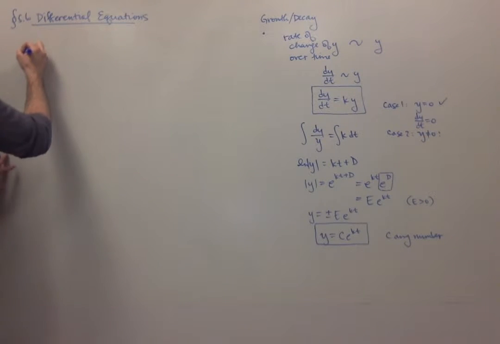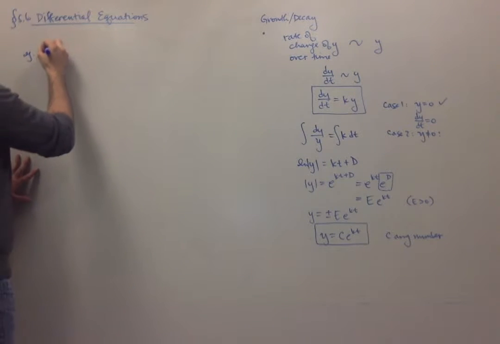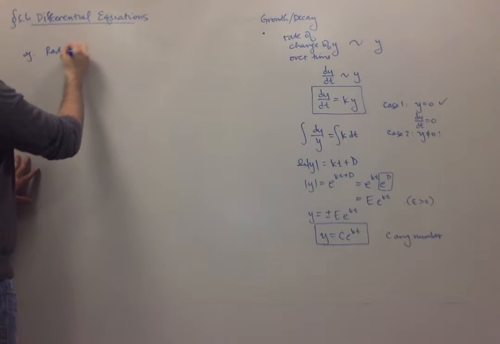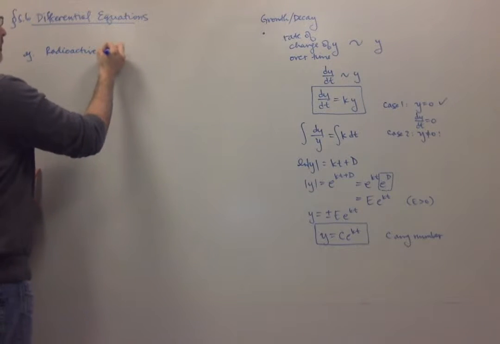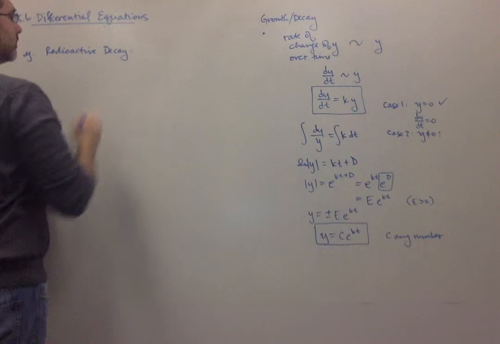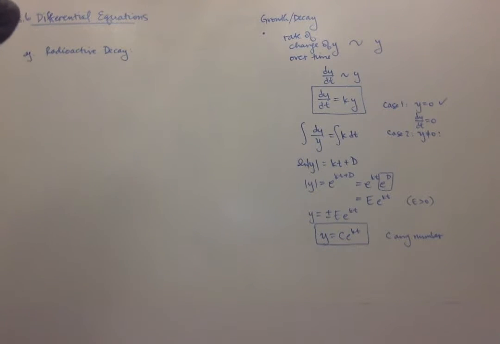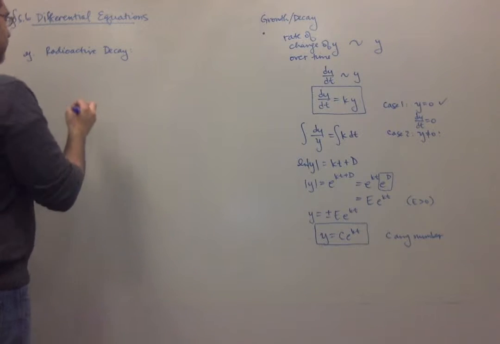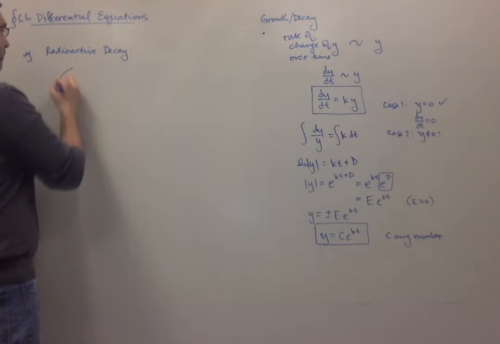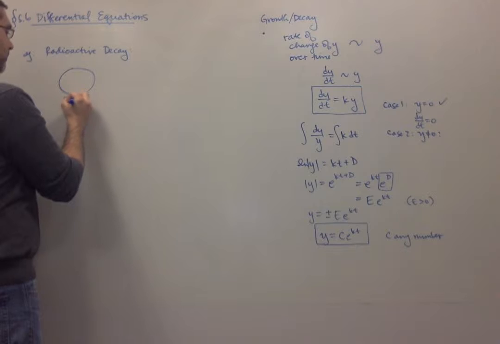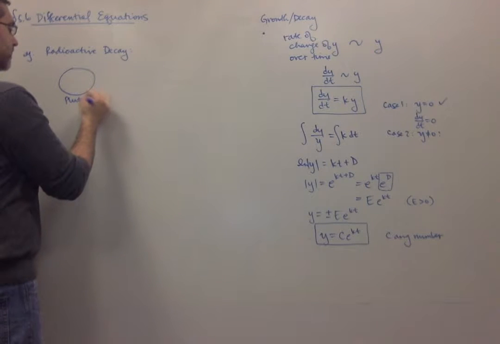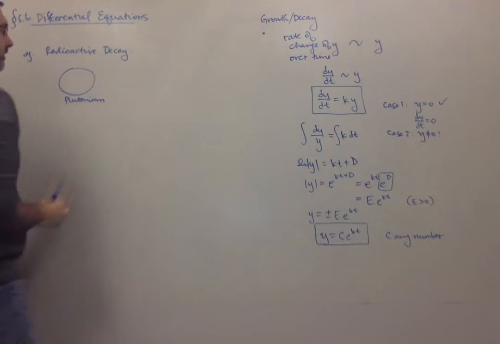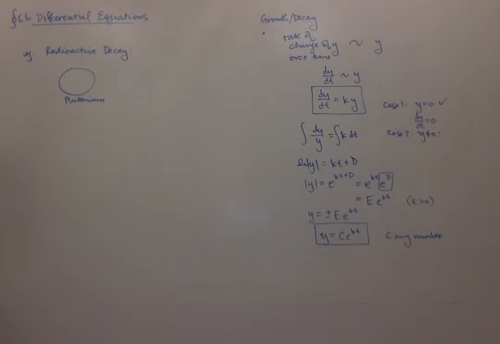So one example that works here is radioactive decay. For example, if I start with some amount of plutonium, plutonium is actually a radioactive particle.